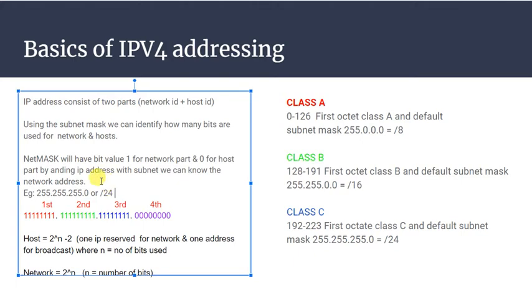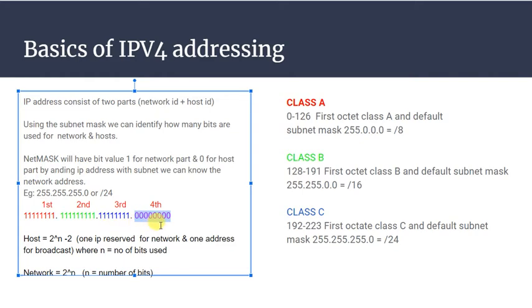If you have an IP address and you AND it with this subnet mask, wherever there is a 1 you keep the bit, but where the mask is 0, whatever value you have, ANDing anything with 0 automatically gives 0.